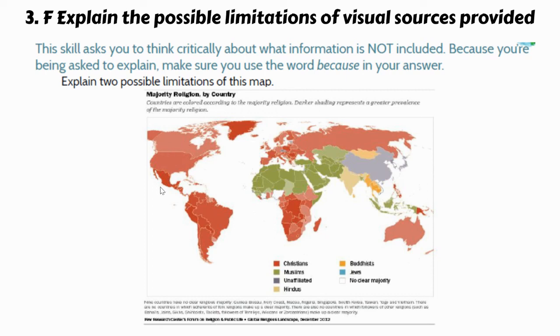We're all Christian, but to varying degrees, and what does that even mean? When you look at a map like this, sure, we can get information from it. We can see that the vast majority of the world is Christian, but we can't see to what degree each country is Christian. We can't see what branch, even for Islamic. Are we talking Sunni? Are we talking Shia? There's no differentiation there, and so you can see where some of the issues are.